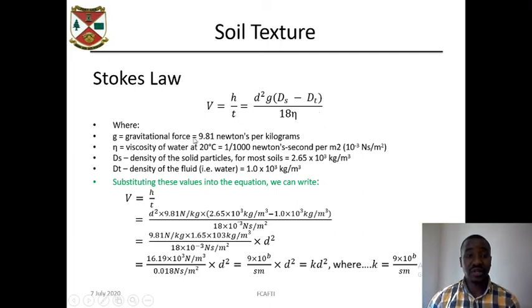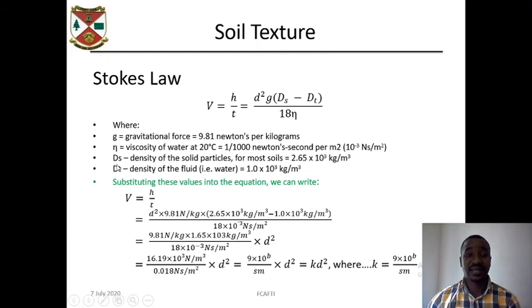Now G is the gravitational force, which is 9.81 newtons per kilogram. Then the viscosity symbol indicates the viscosity of water at 20 degrees Celsius, which is 0.001.